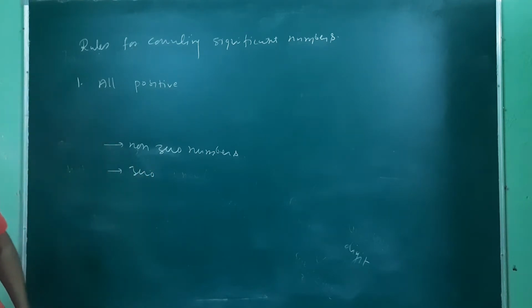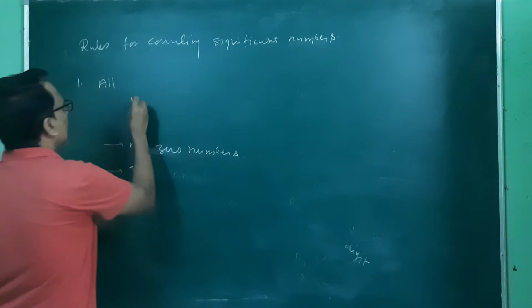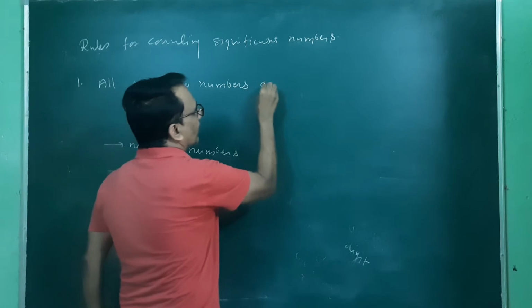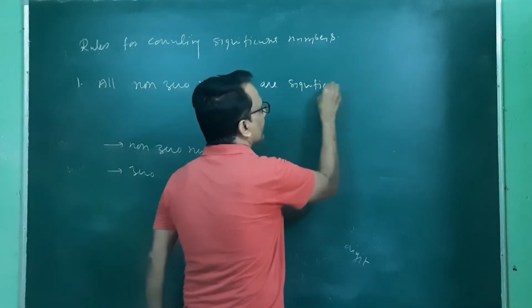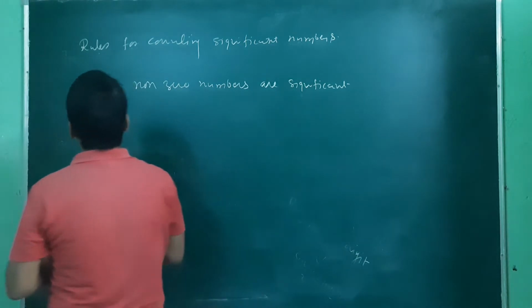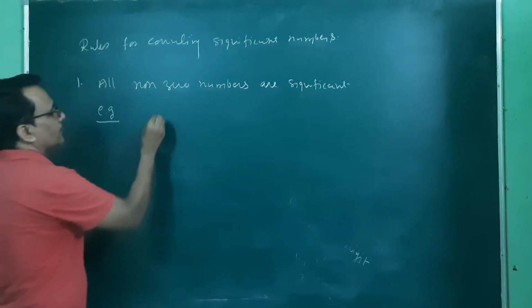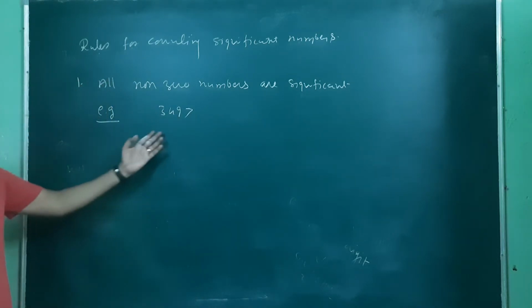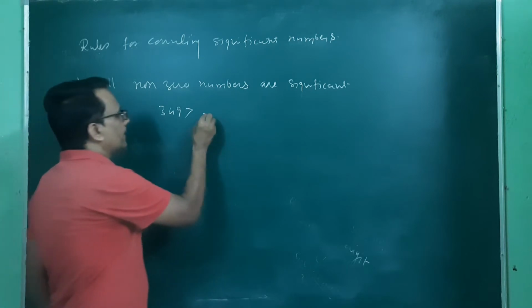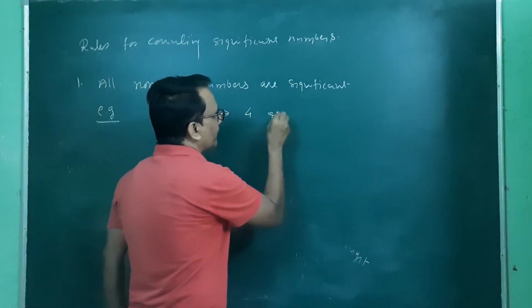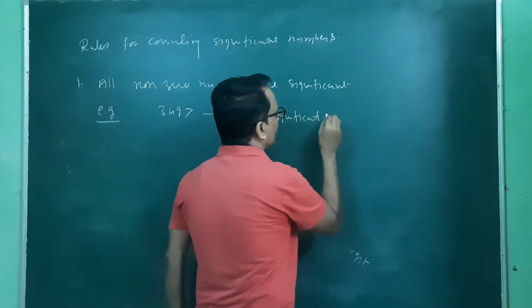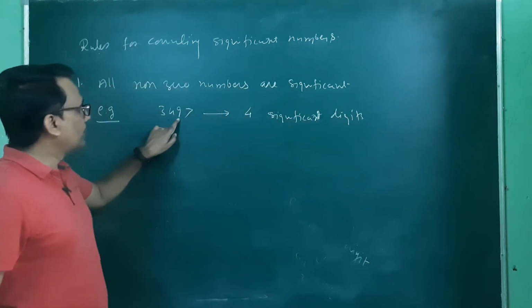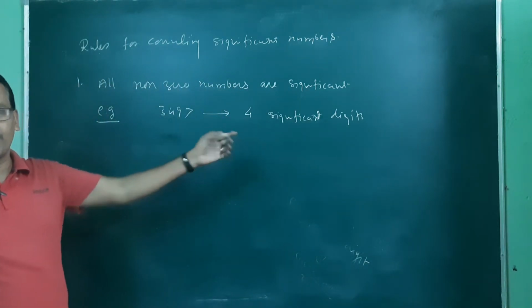So all non-zero numbers are significant. For example, 3, 4, 9, 7. All these are non-zero numbers, there is no zero at all. So here there are 4 significant digits: 1, 2, 3, 4. All these are non-zero.